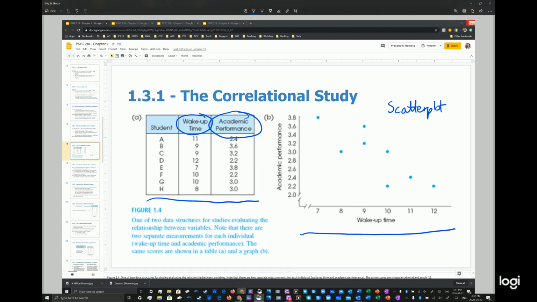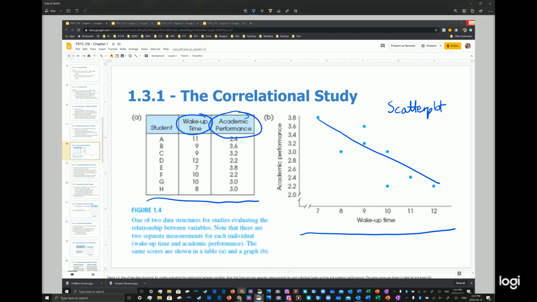As a person spends more time waking up, their academic performance seems to go lower. Or I should say it this way, as you find a person who has spent more time waking up, that person seems to do not as well in school.